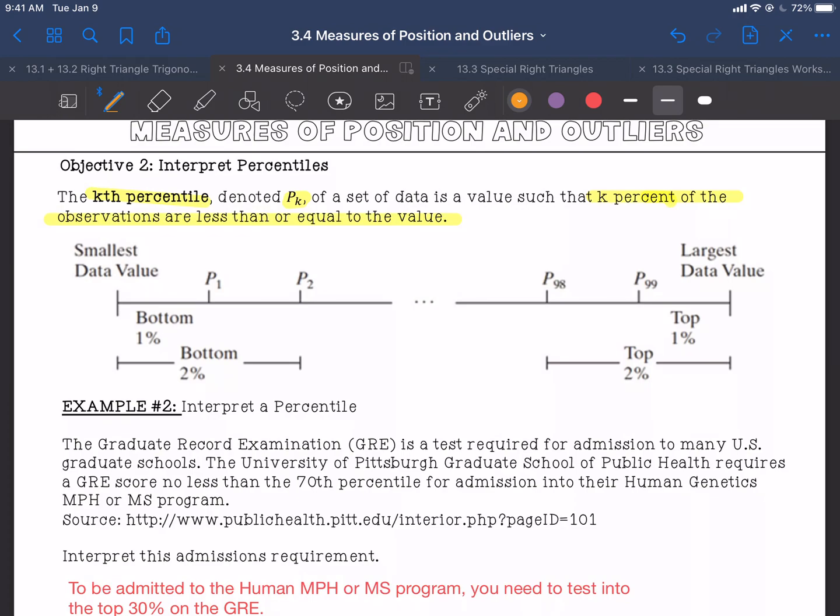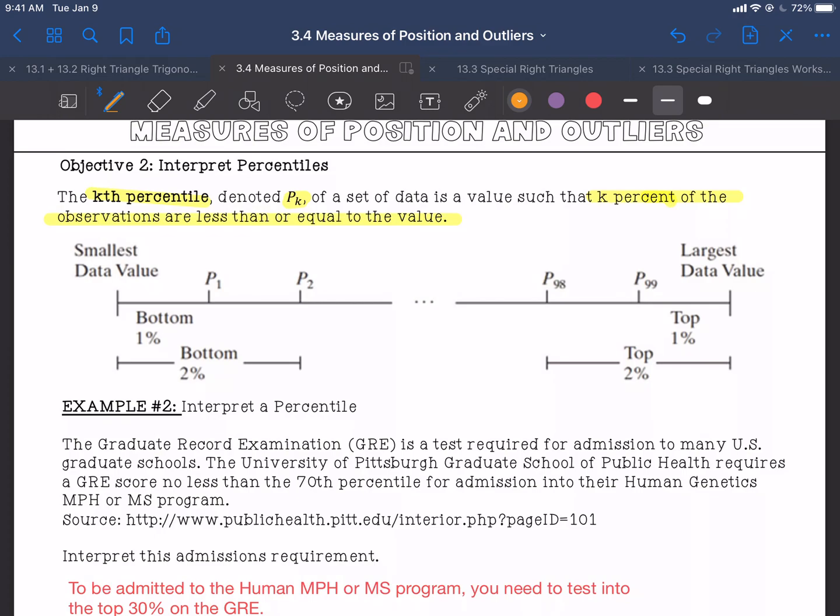What that means is if you're in the 70th percentile for height, 70% of those of your gender and in your age group are the same or shorter than you. So the percentile represents how many people are less than or equal to that specific value.